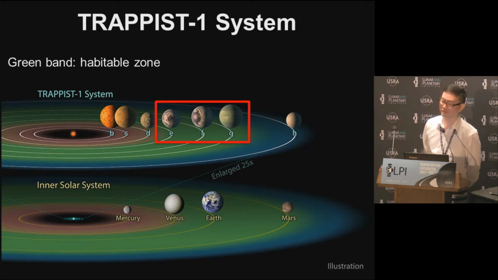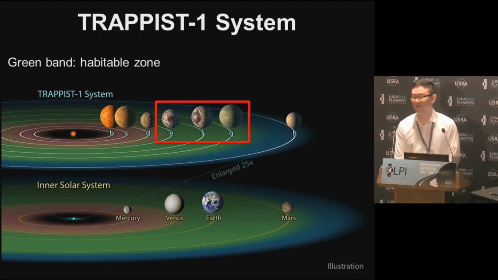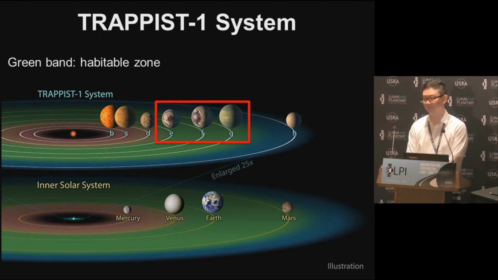I also like H because it has a smaller period in which it would be in these high energy flux, high runaway greenhouse conditions early on. It's farther away from the star, and that'll help with the escape compared to the planets closer in. I see. Thank you.